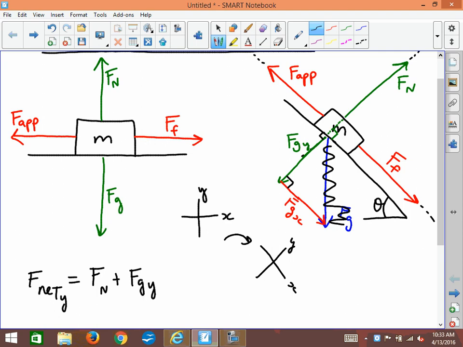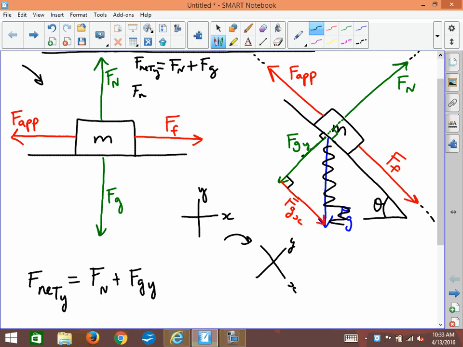You see how that's a little bit different than what we had before. If I quickly sketch up here, the old way of writing them, before we started hills, F net y was equal to Fn plus Fg. But now it's Fn plus only the Fgy component.